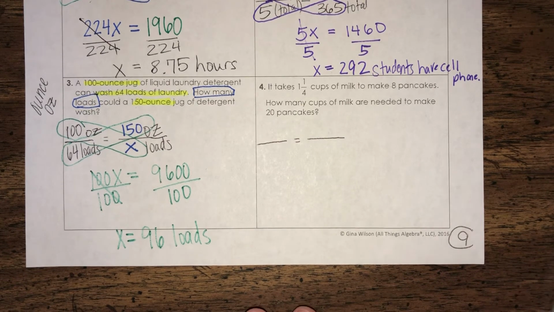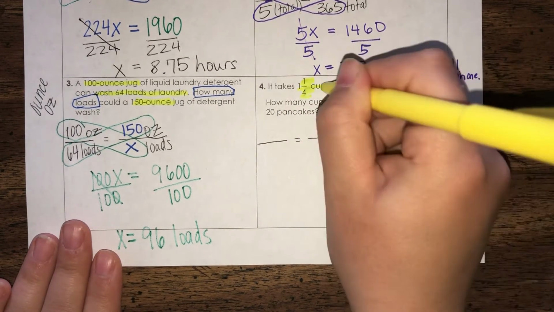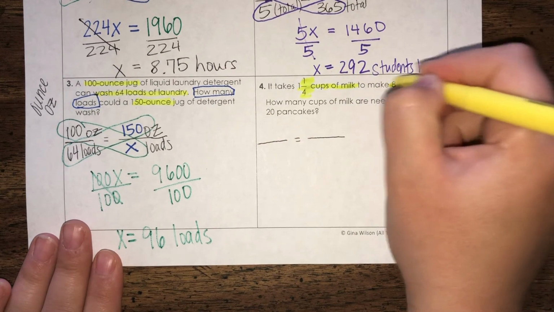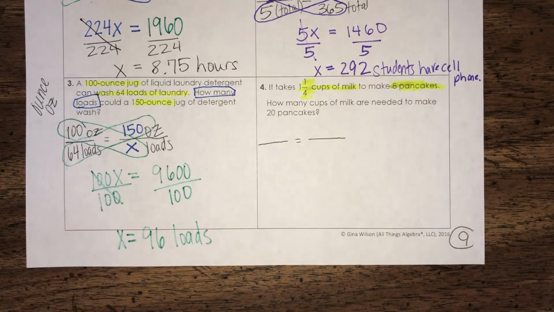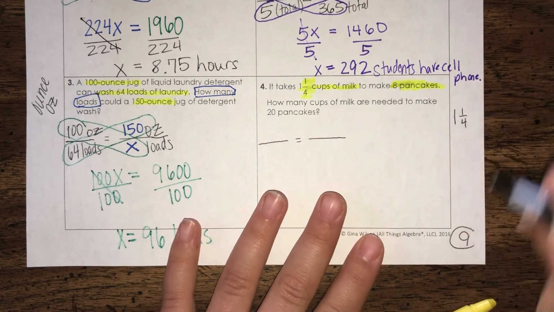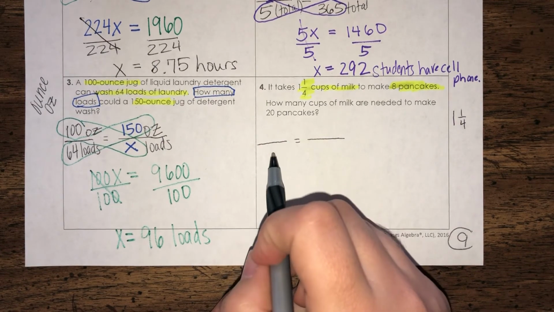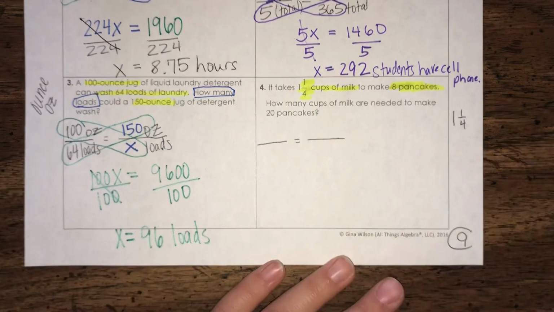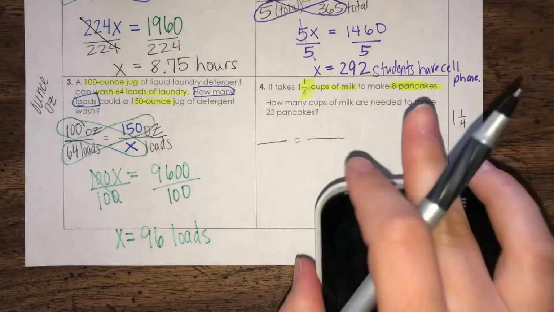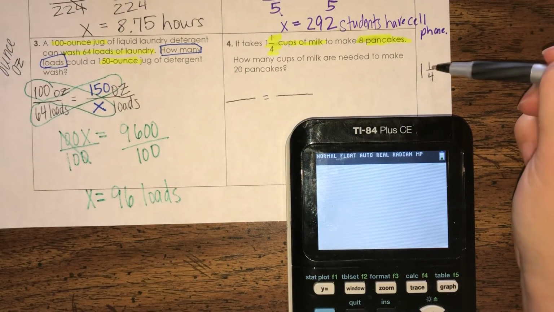One thing I'm going to point out here is if we're looking at our story, the first sentence gives us 1 1/4 cups of milk, and that can help us make 8 pancakes. I don't know about you, but that 1 1/4 is going to look really gross on top of a fraction that we already have. So when we practice this, we took out our calculators back in school, and we would take the fraction part, because remember this means to divide.